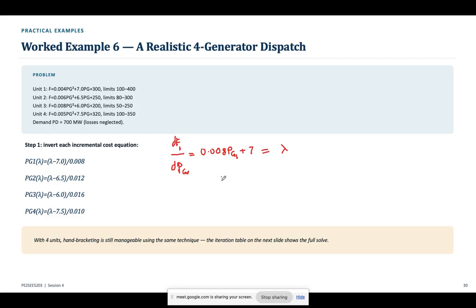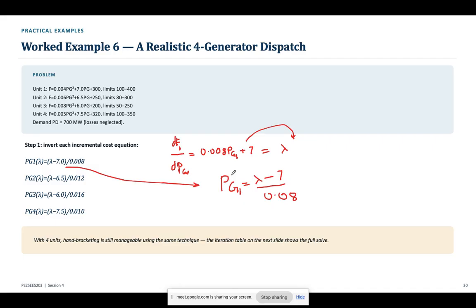So if you want to solve for pg1 from the above equation, pg1 is equal to lambda minus 7 divided by 0.08. Same thing you have here. Very similarly for unit 2, unit 3, unit 4 also you have there.